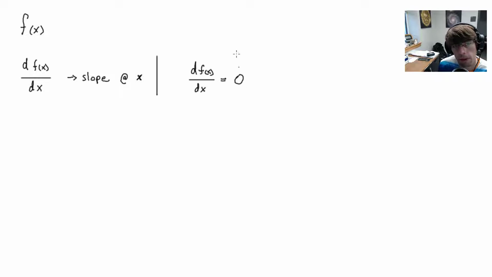Now you're probably already familiar, when you set it equal to 0, you find the values of x. And those values are generally referred to as the extreme values.